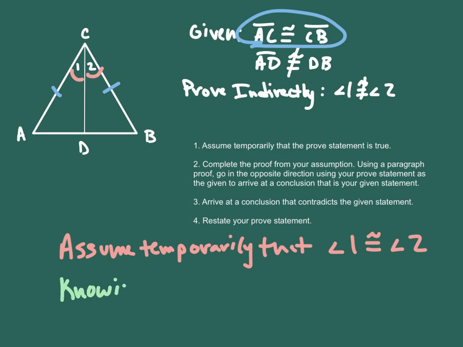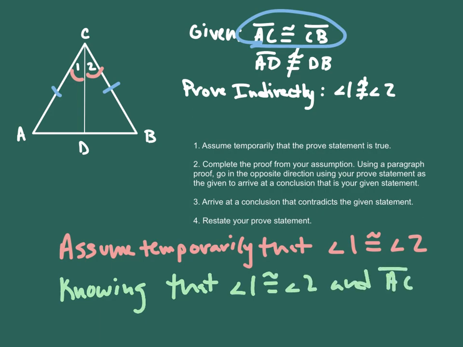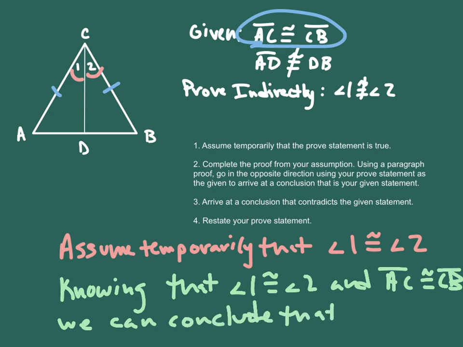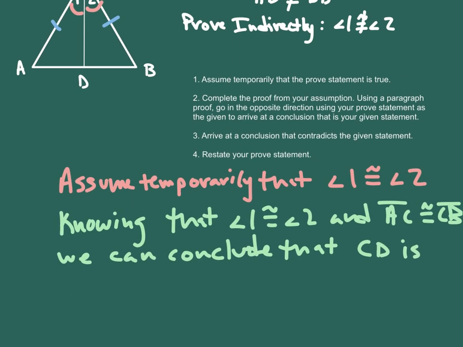Knowing that angle 1 is congruent to angle 2 and that AC is congruent to CB, we can conclude that CD is a perpendicular bisector to AB.